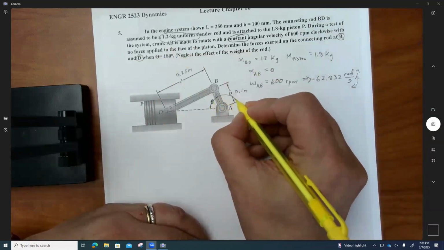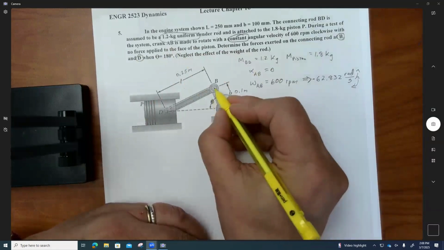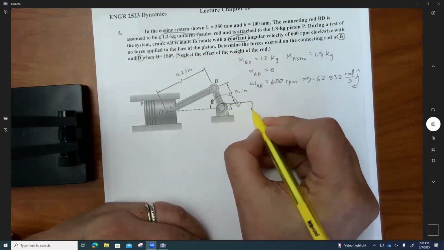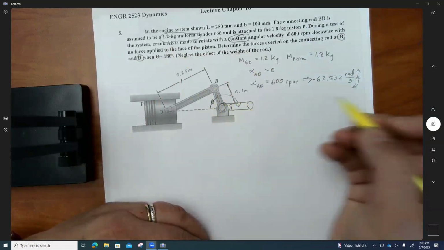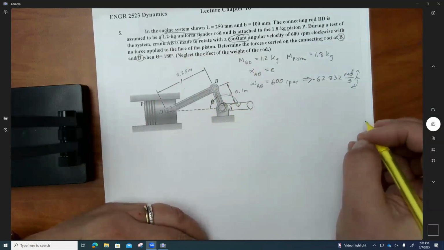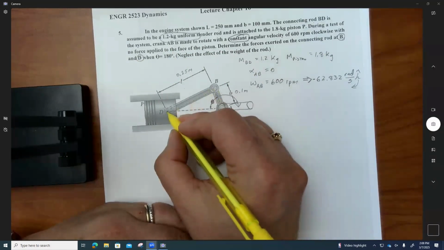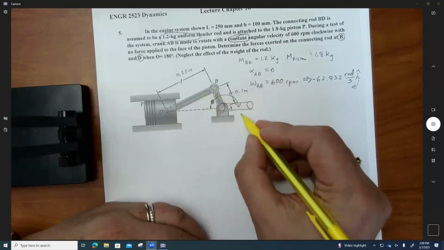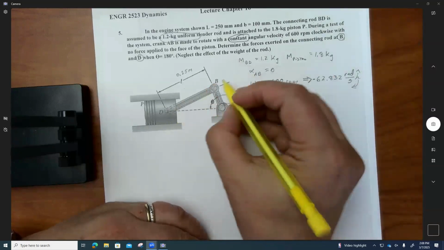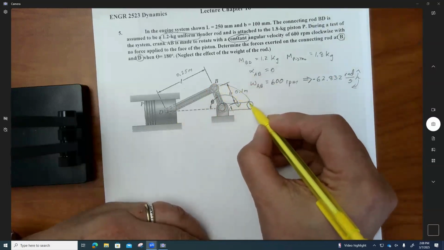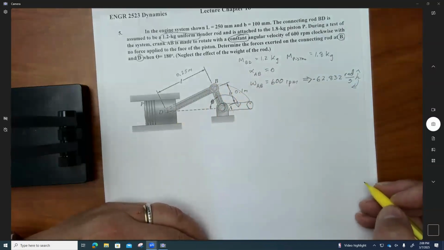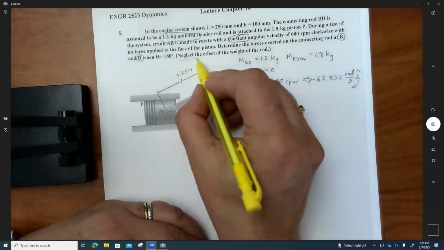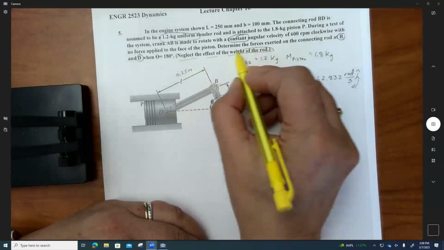If theta is equal to 180, we're going to have A stay where it's at and B be flat along the x-axis, and DB is going to come down and be flat as well. So this is just pulling out and it's going to be located over there. All right. Neglect the effect of the weight of the rod.